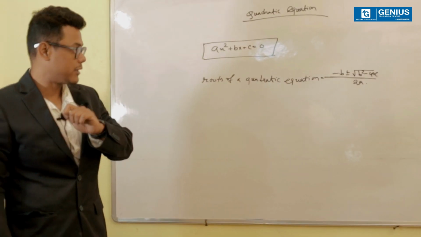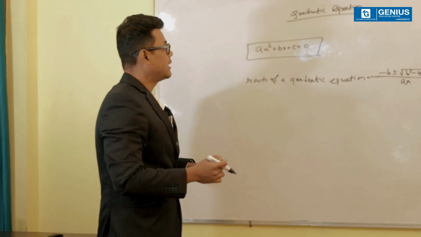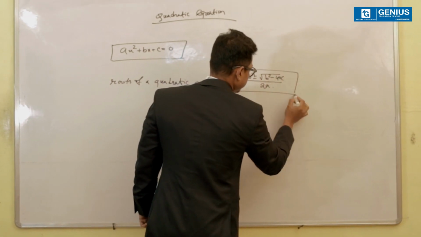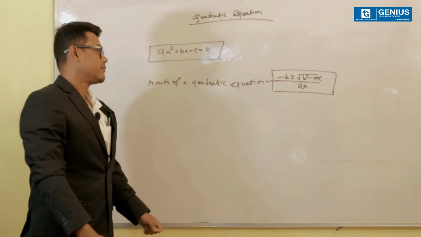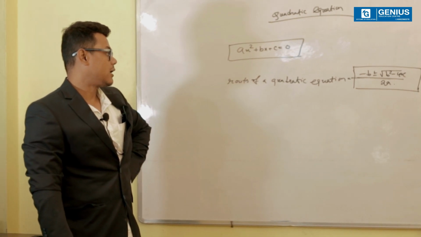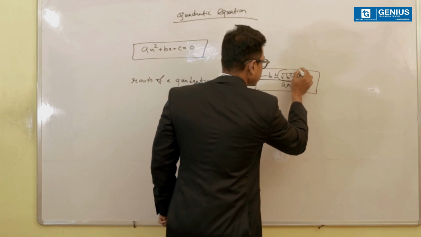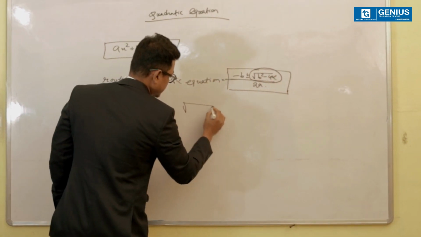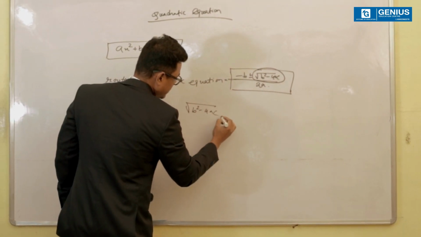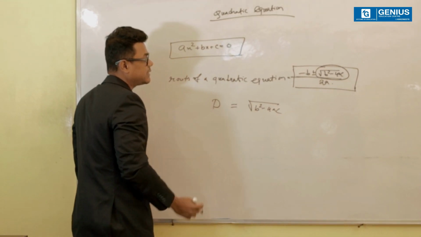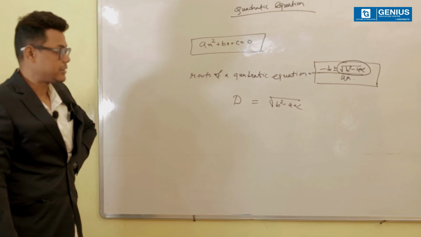I think you remember very well that the roots can be calculated from this formula. This b square minus 4ac under the root is called the discriminant of a quadratic equation.